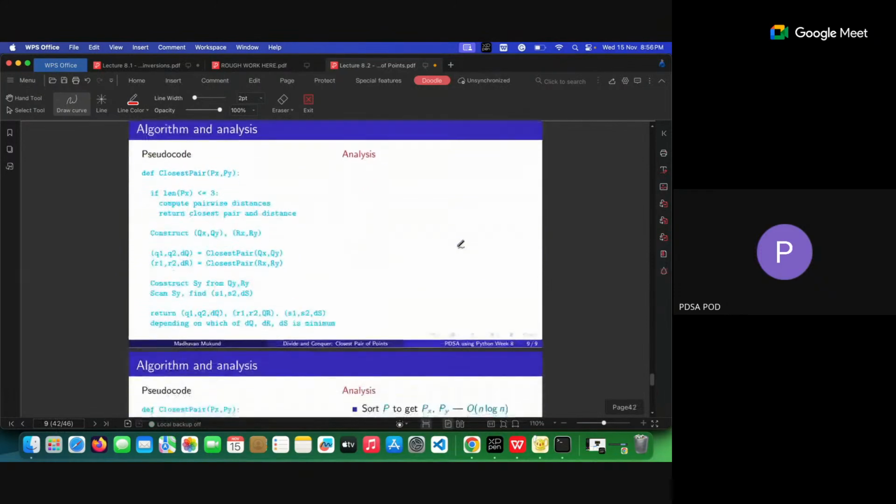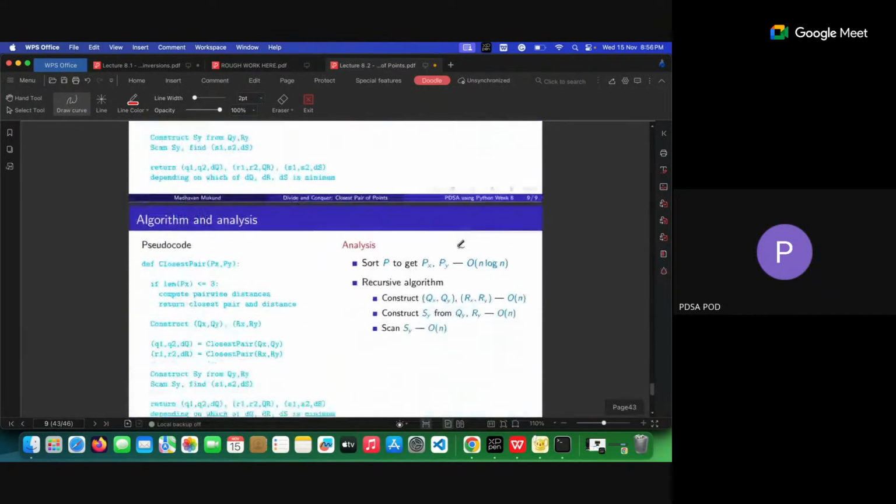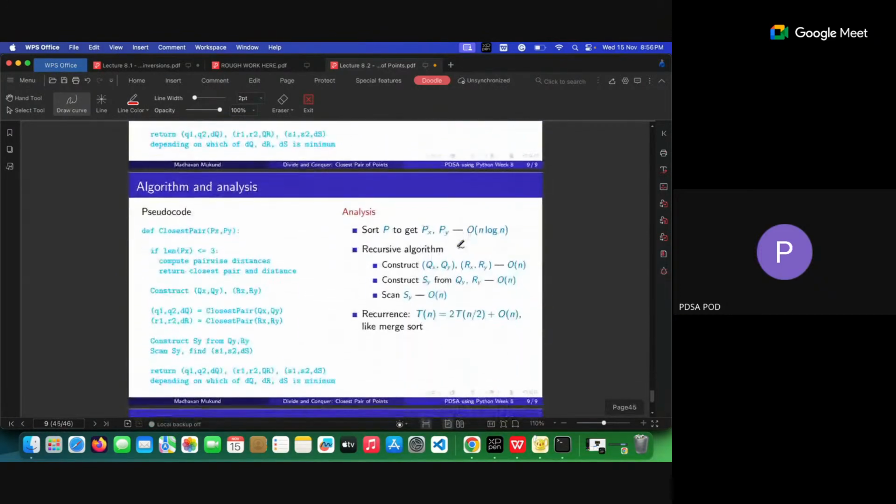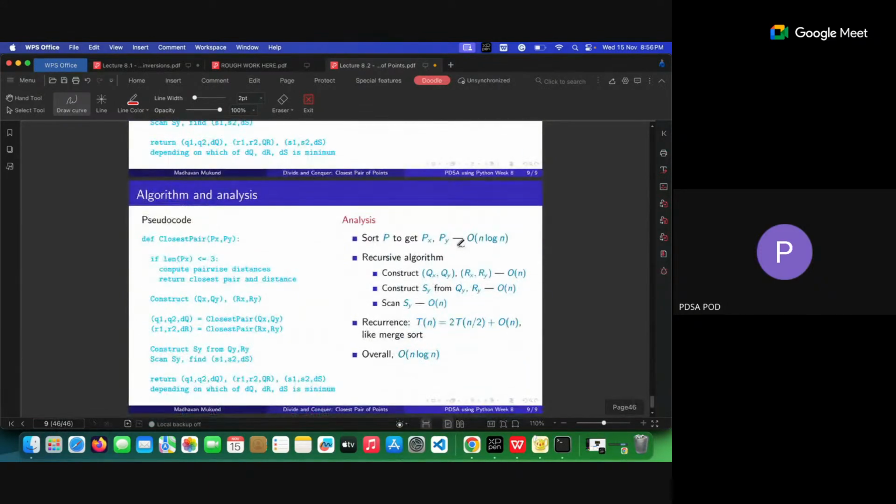He has given pseudocode with analysis. Here is the pseudocode and complete analysis.